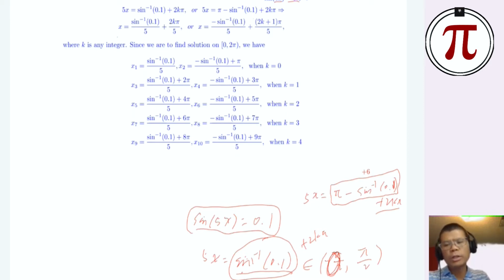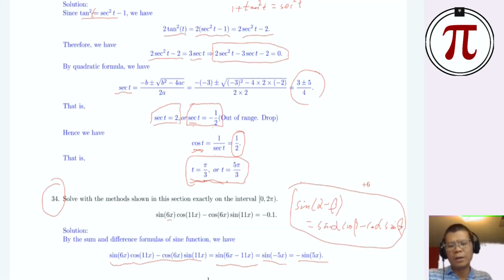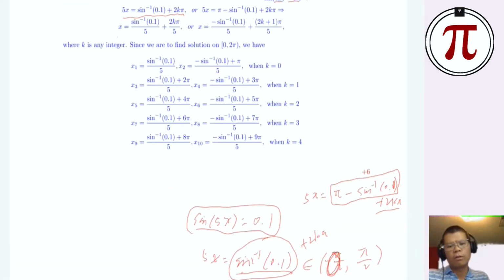So it's better to do it this way, such that you can identify those values of x on this interval, from 0 to 2 pi. You cannot say x is less than 0 or greater than 2 pi. That's not good. So you first list the general solution here.